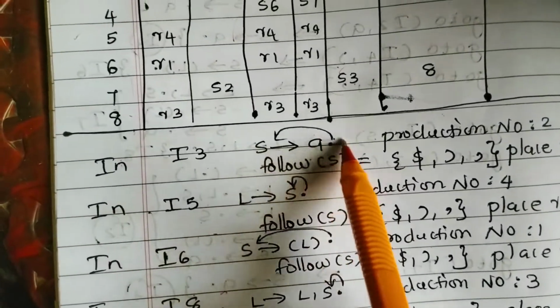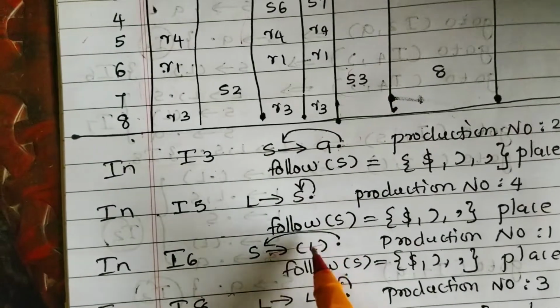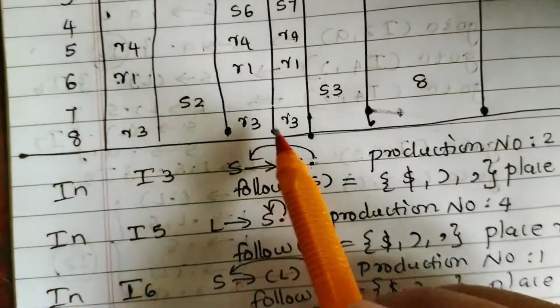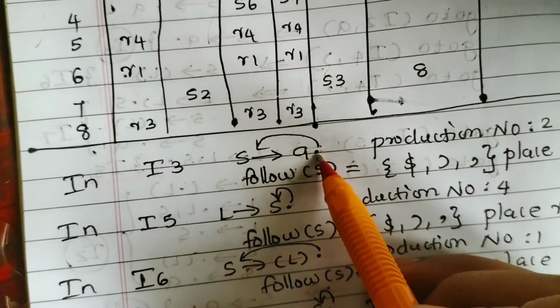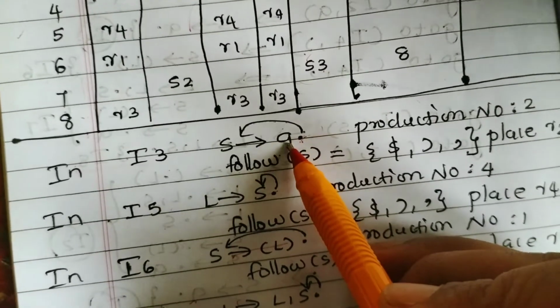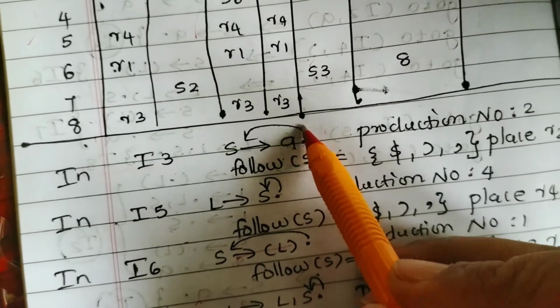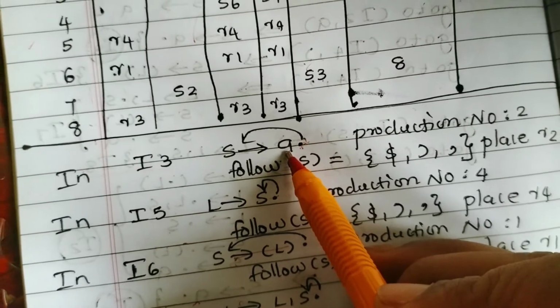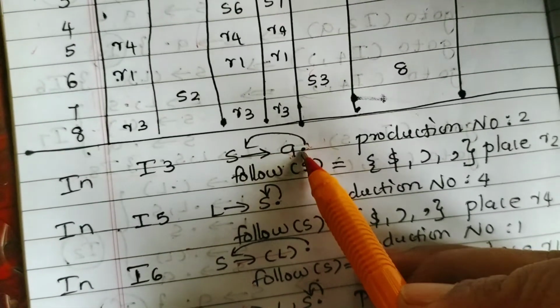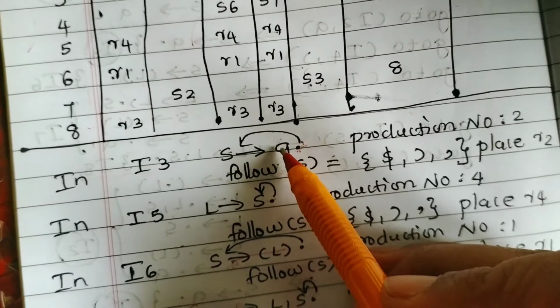Right, so we are writing all the productions here initially. Then immediately after the dot, if there is a non-terminal, you consider the follow of that non-terminal.